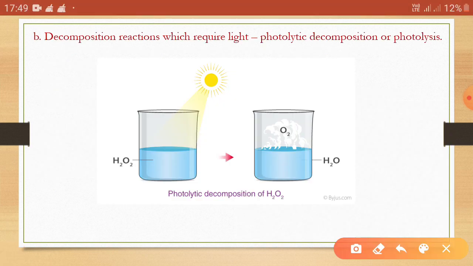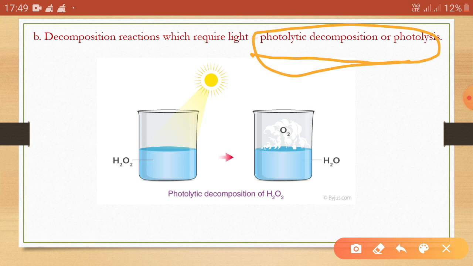So it is the example of photolytic decomposition or photolysis, as it requires light.